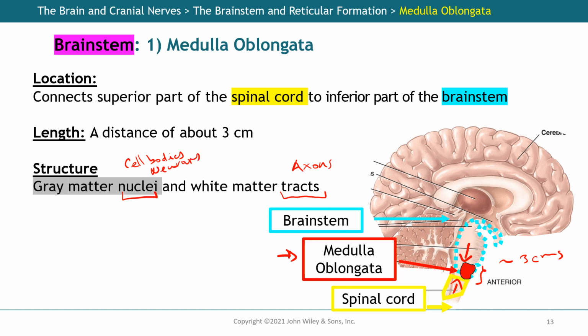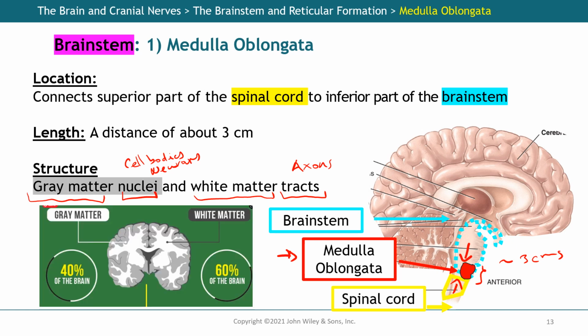So what you will find here is a lot of gray matter nuclei and white matter tracks. This section of the brainstem has some particularity in the location of the gray matter and the white matter that I'm going to show you.